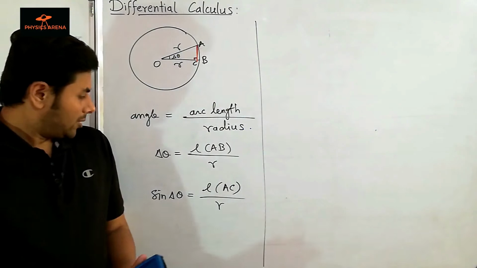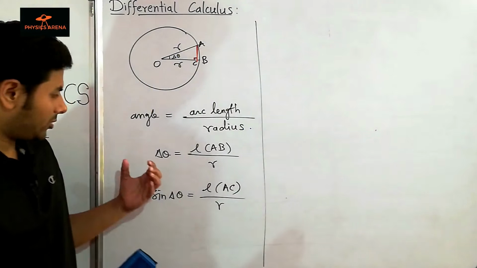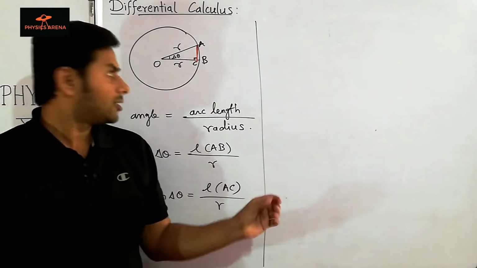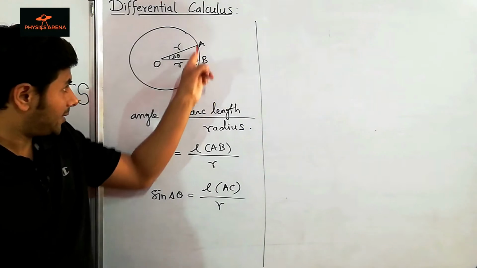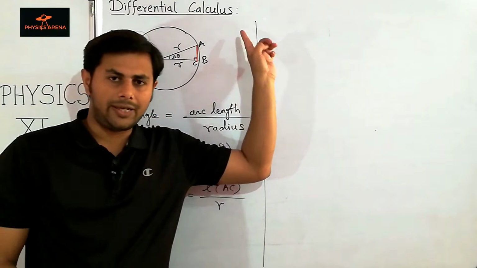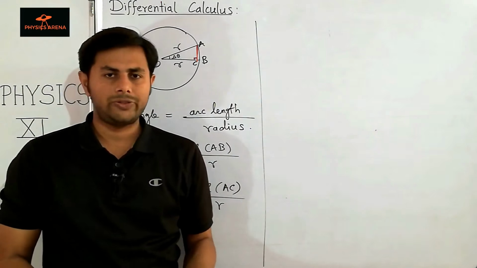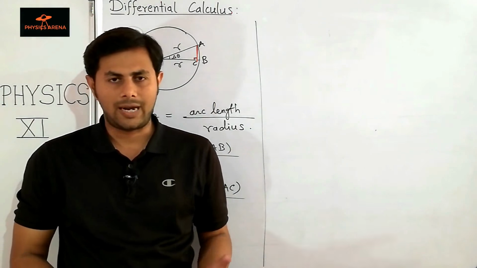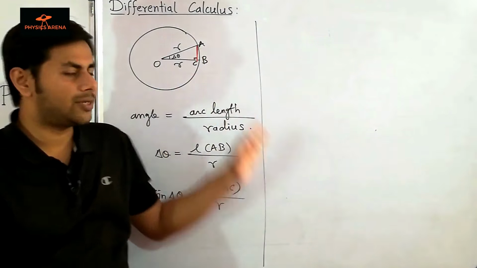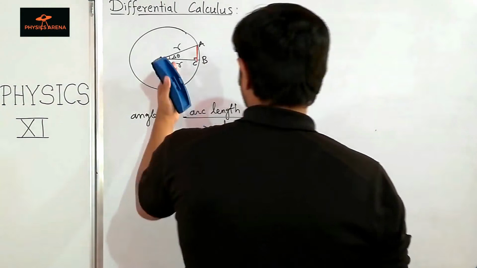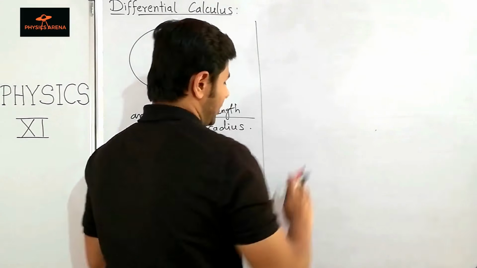Now you have to imagine that when this angle becomes very, very small, then the length of this perpendicular and the length of this arc almost become the same. The arc length and this perpendicular are almost equal to each other in the limit when the angle becomes very, very small.